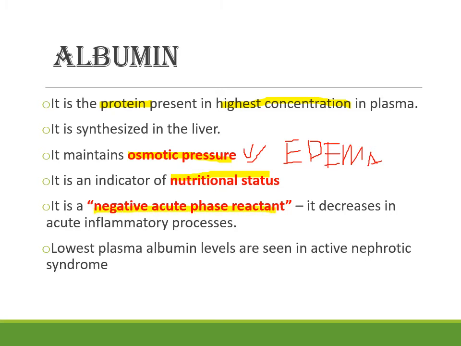A while ago, I discussed that when an acute phase reactant is classified as negative, the levels will usually decrease during inflammation or malignancy. Low plasma albumin is also seen in active nephrotic syndrome, which is a type of kidney disease.